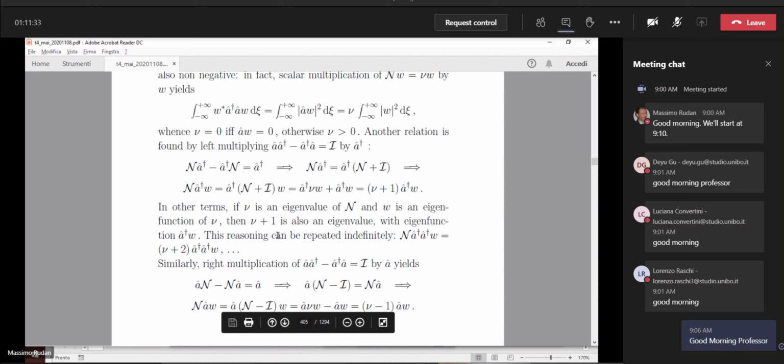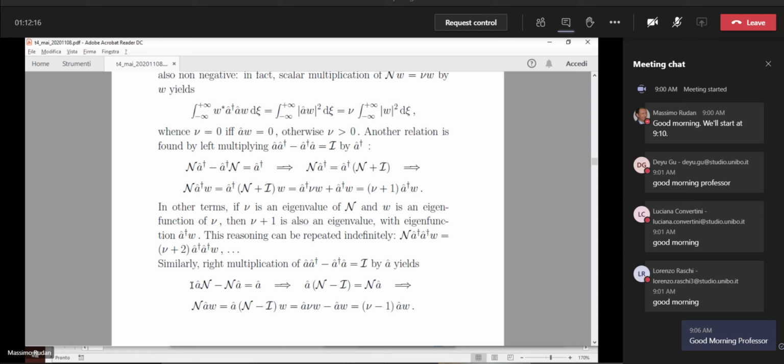And in this case, instead of multiplying on the left by A dagger, we multiply both sides on the right by A. So what we find is another expression that in this case reads A followed by N minus N followed by A equal to A. So now we bring A from right to left and N A from left to right.